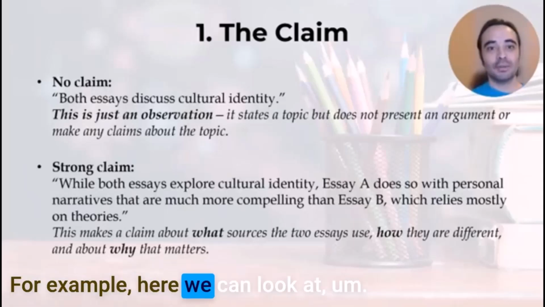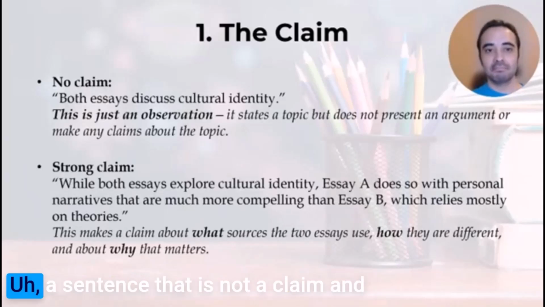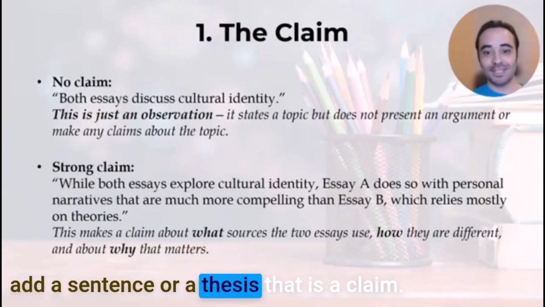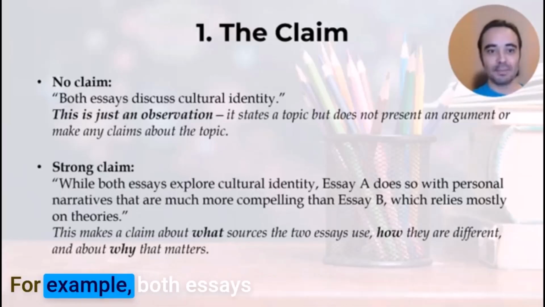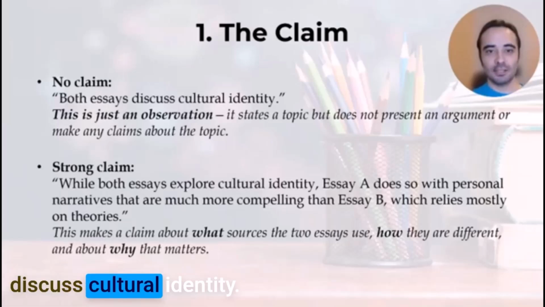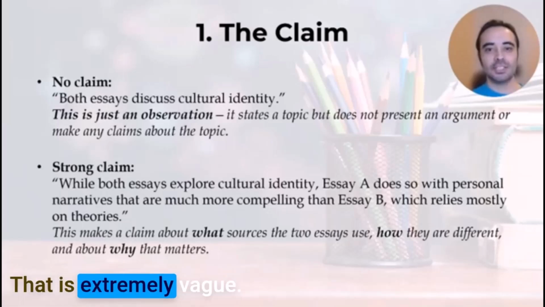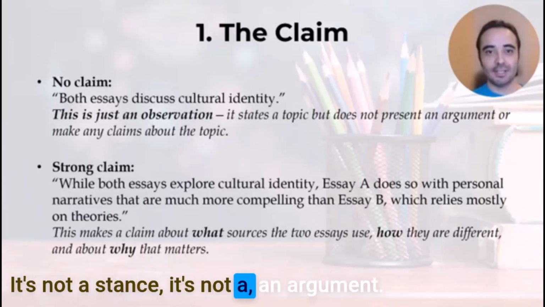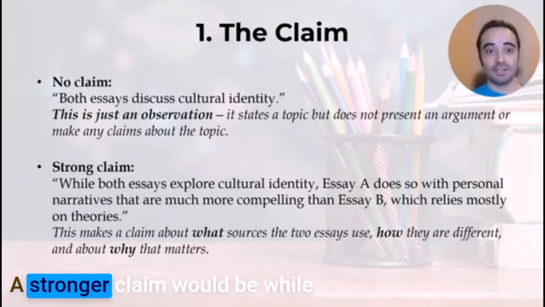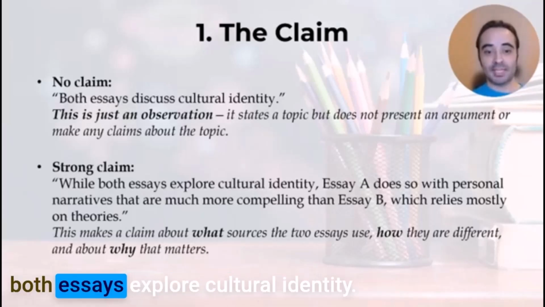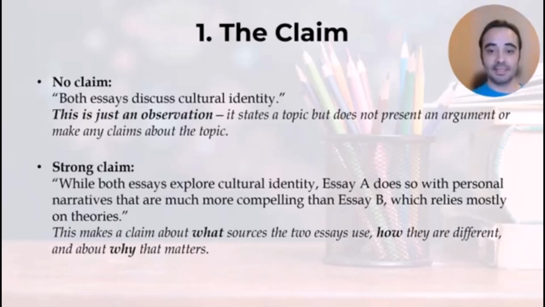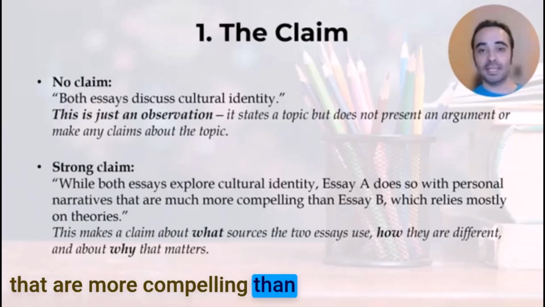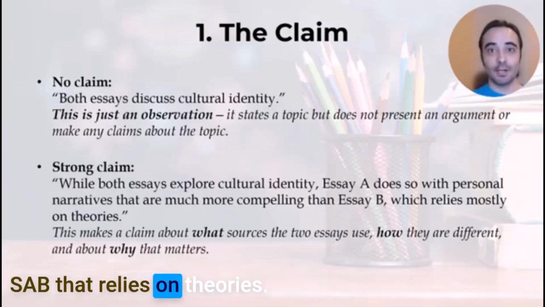For example, here we can look at a sentence that is not a claim and a thesis that is a claim. For example, both essays discuss cultural identity. That is extremely vague. It's a summary. It's not a stance. It's not an argument. A stronger claim would be: while both essays explore cultural identity, essay A does so with narratives that are more compelling than essay B, which relies on theories.